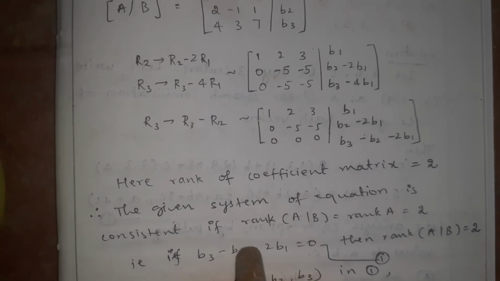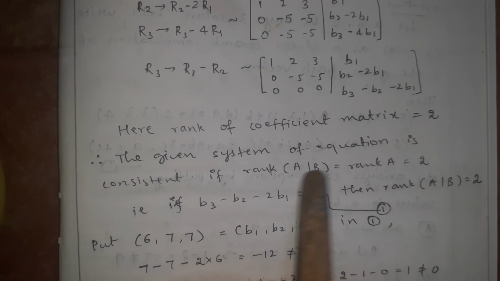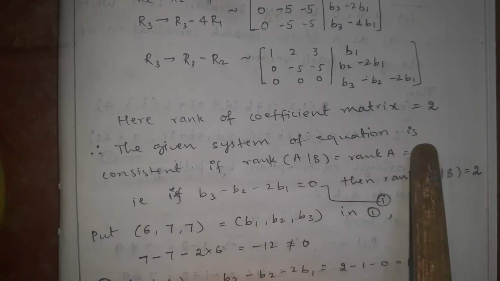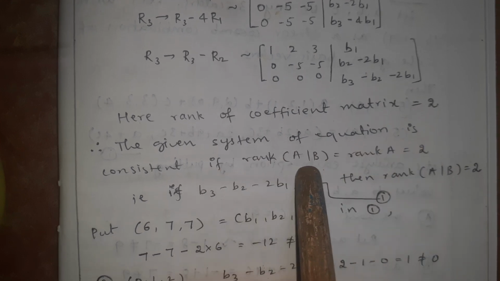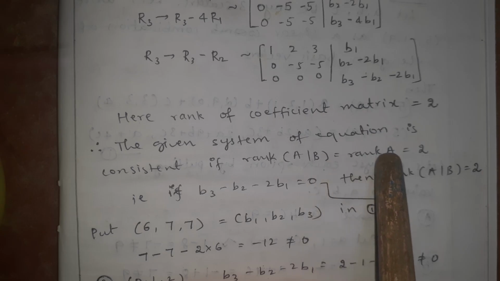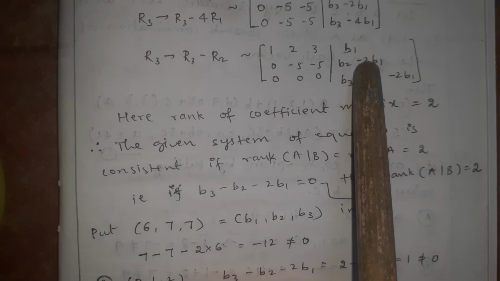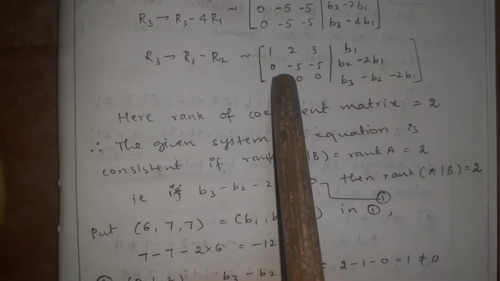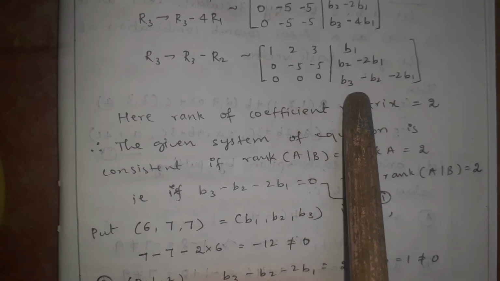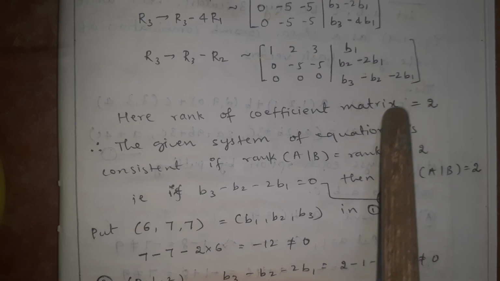So here the rank of the coefficient matrix equals 2. Therefore the given system of equations is consistent if and only if the rank of the augmented matrix is equal to the rank of the coefficient matrix, which is equal to 2. So to get the rank of the augmented matrix as 2, we have to put B3 minus B2 minus 2B1 equal to 0.